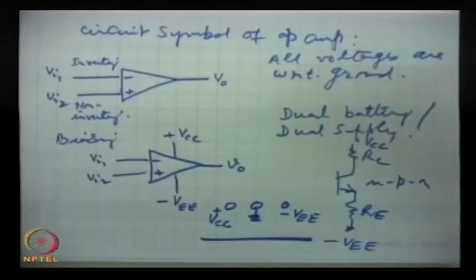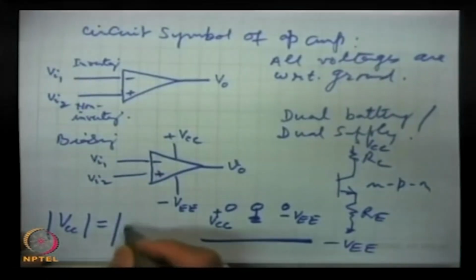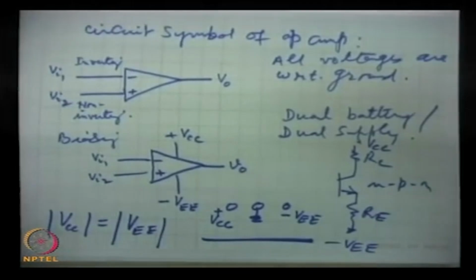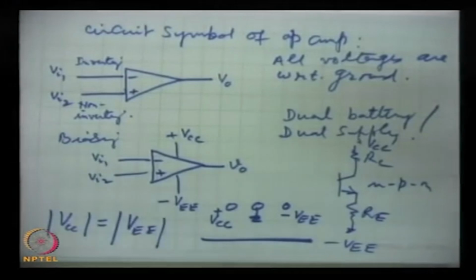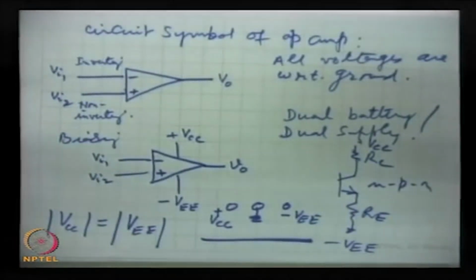Dual power supplies are available to supply these voltages, and normally the magnitude of VCC is identical to VEE. One is positive with respect to ground, the other is negative. These are available at very low cost, starting from 7-8 rupees for one op amp, maybe 10 rupees, and then the range goes.